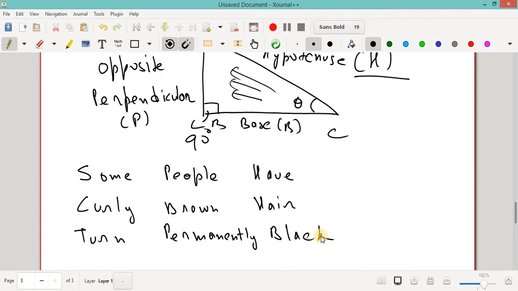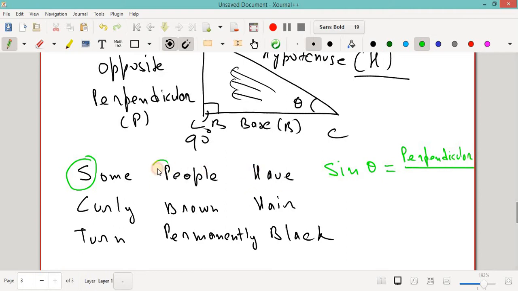Let us do that. How to do that? S. Here S, see, I have written capital. S means your sine theta. Now what is sine theta? P. P means your perpendicular or opposite. So sine theta is equal to perpendicular, that is P, divided by H. Here H means hypotenuse.